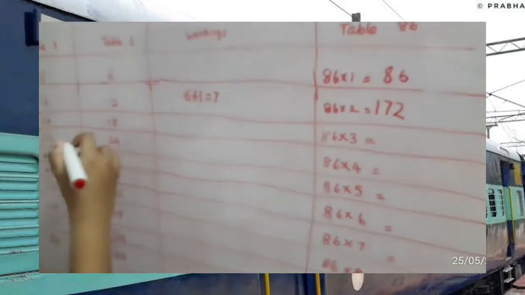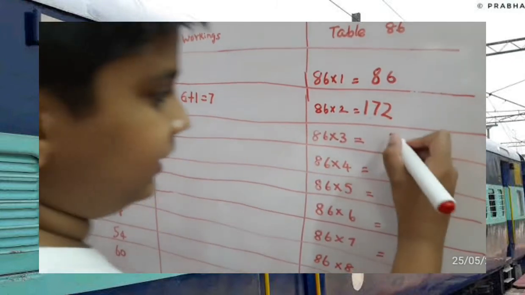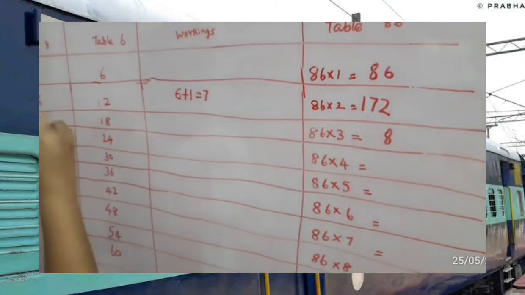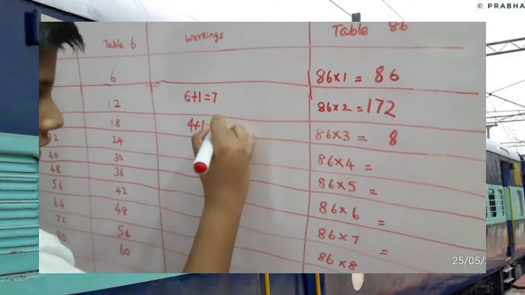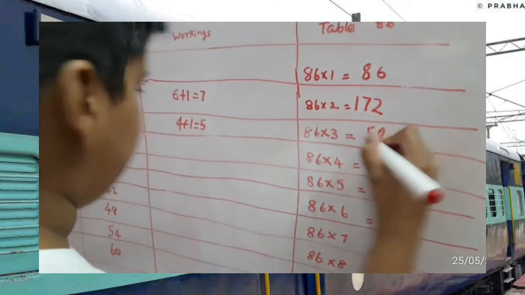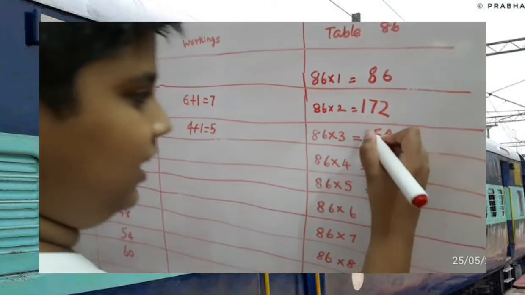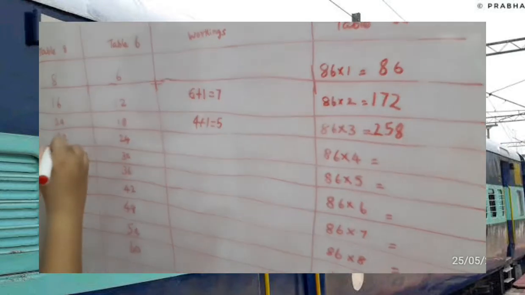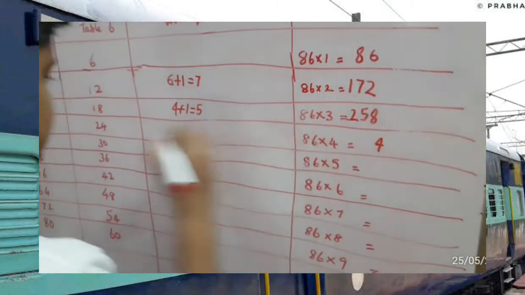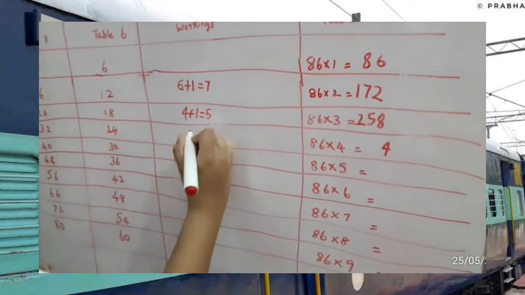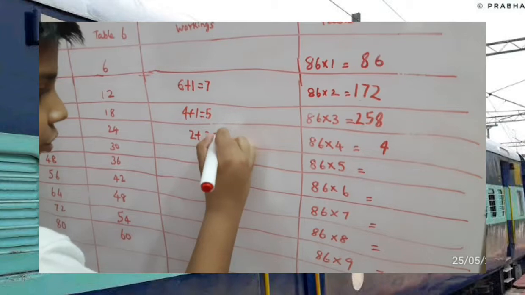Okay. Write 8 in 1's place. 4 plus 1 is equal to 5. 5 in 10's place. And 2 in 100's place. Write 4 in 1's place. 2 plus 2 is equal to 4.